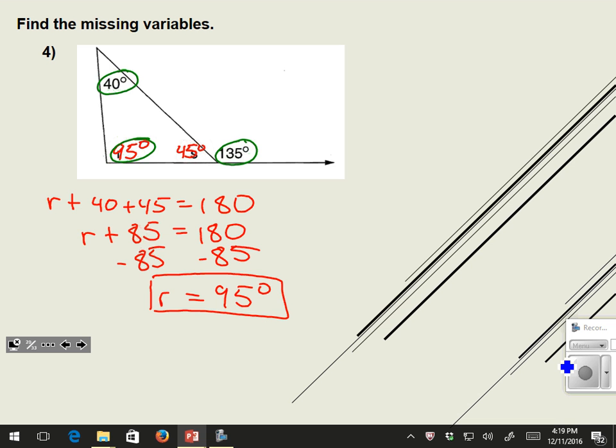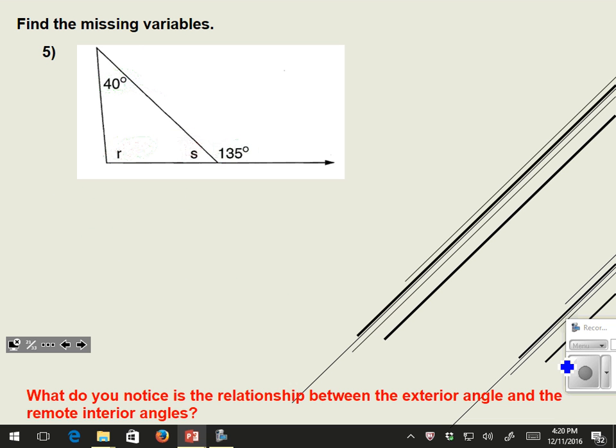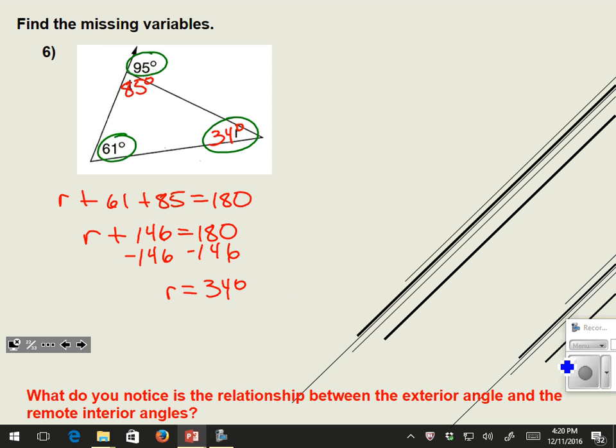These two angles right here add up together to be 135. Likewise, in number 6, these two angles together add up to 95. That's one thing you should know: the two remote interior angles always add up to the same thing as the exterior angle.